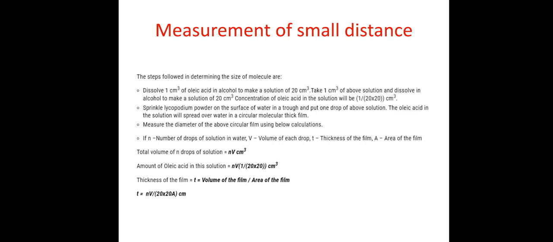As we have seen the larger distances, now we will see the measurement of smaller distances. There are some steps to figure out the measurement of small distances. These are the following steps you can follow to find out the size of a molecule. Dissolve 1 centimeter cube of oleic acid in alcohol to make a solution of 20 centimeter cube.